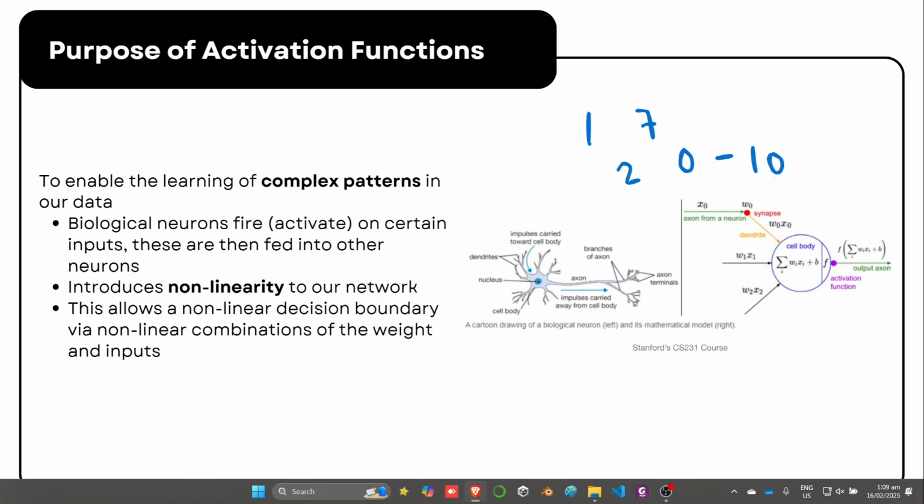That's a lot of different classes. So we need a complicated way, basically a nonlinear function, that can take these inputs and produce the output that we want, that's correct, I should say. So that's the non-linearity.